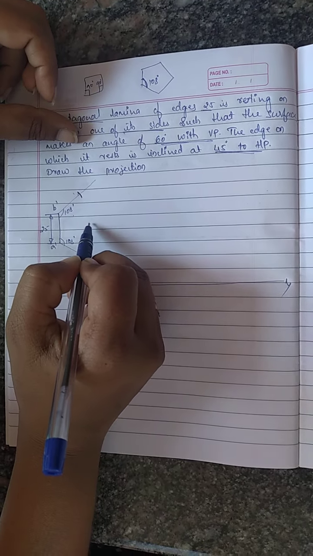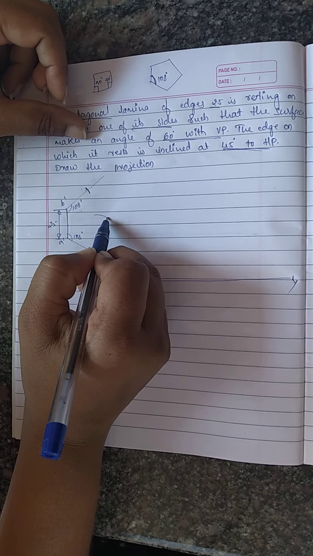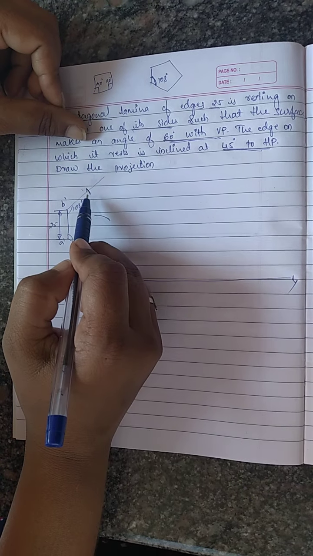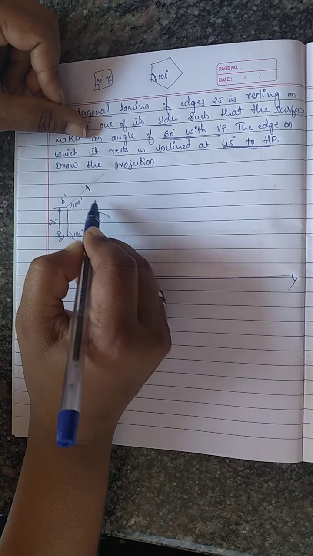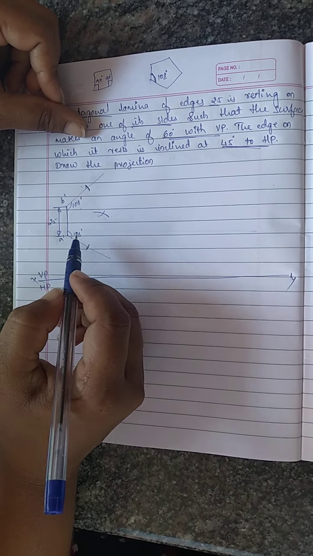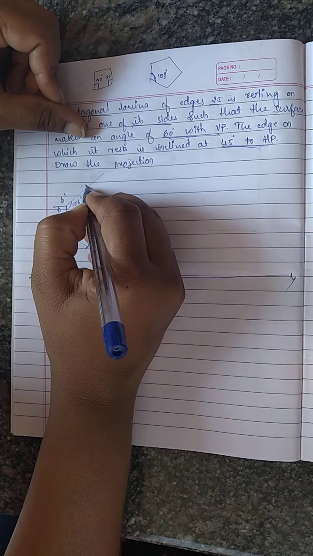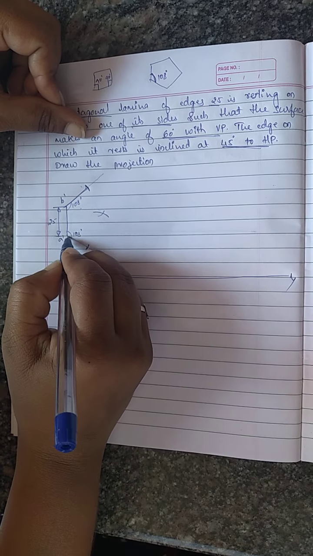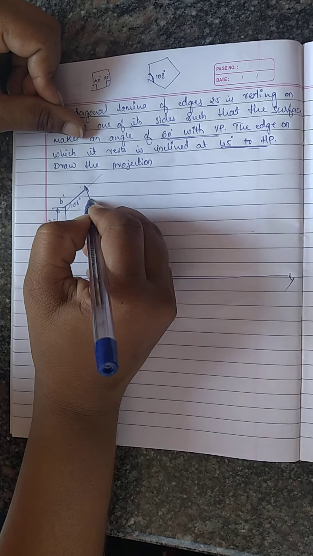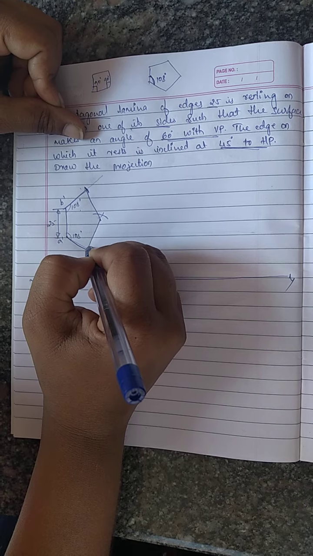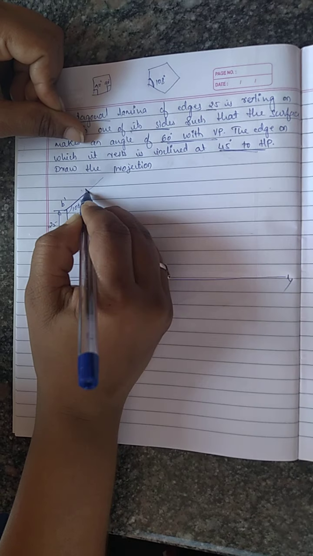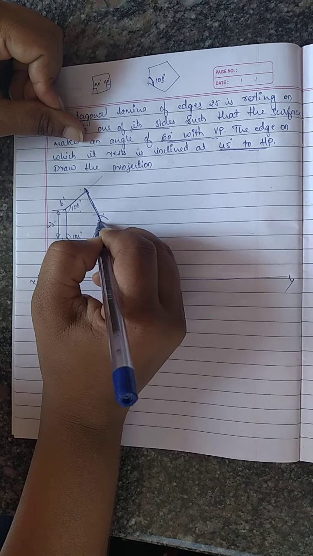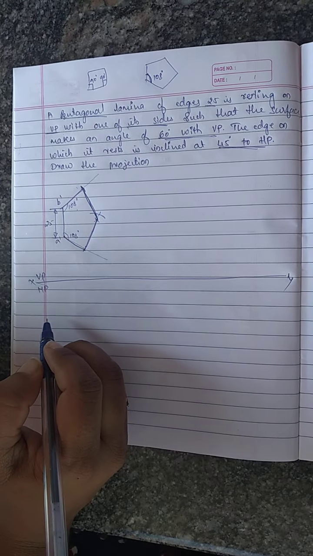From this end point, take the same 25 mm radius and draw the arc. Now from this end point, draw the arc. You will get the 5th corner. Then join it. Actually we will get it here. So these are the 5 corners of the pentagon.